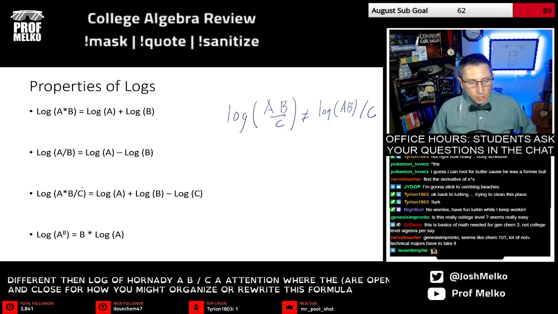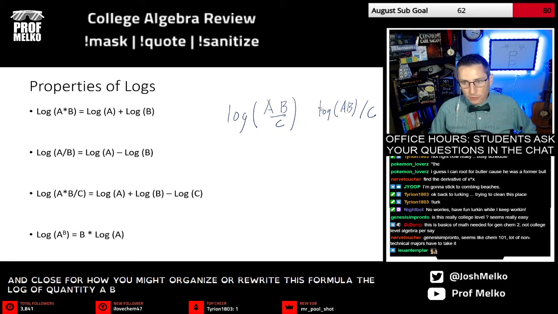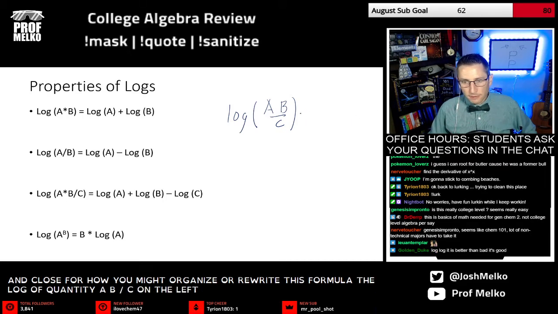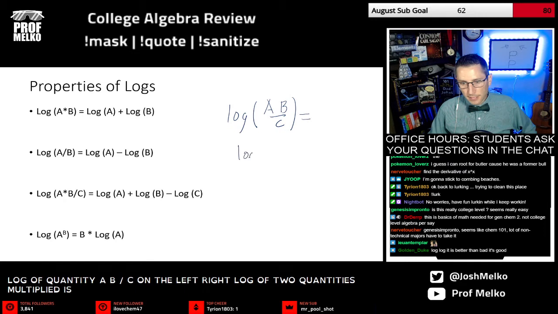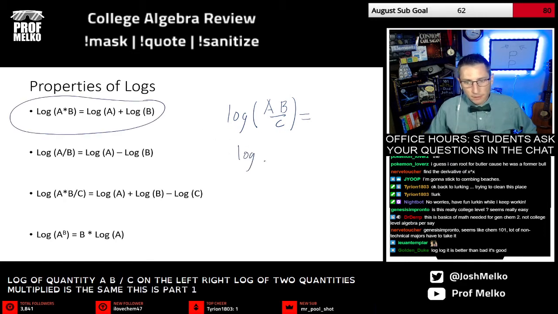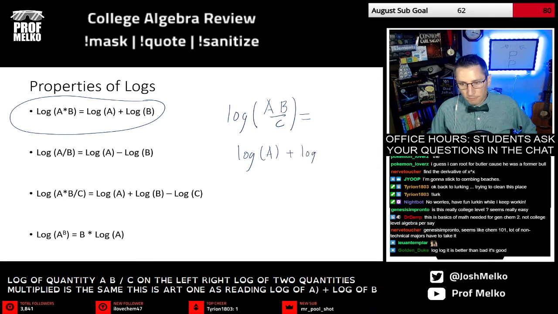Okay, so log of quantity AB over C on the left. Log of two quantities multiplied is the same, this is part 1, as writing log of A, close parentheses, plus log of B, close parentheses.